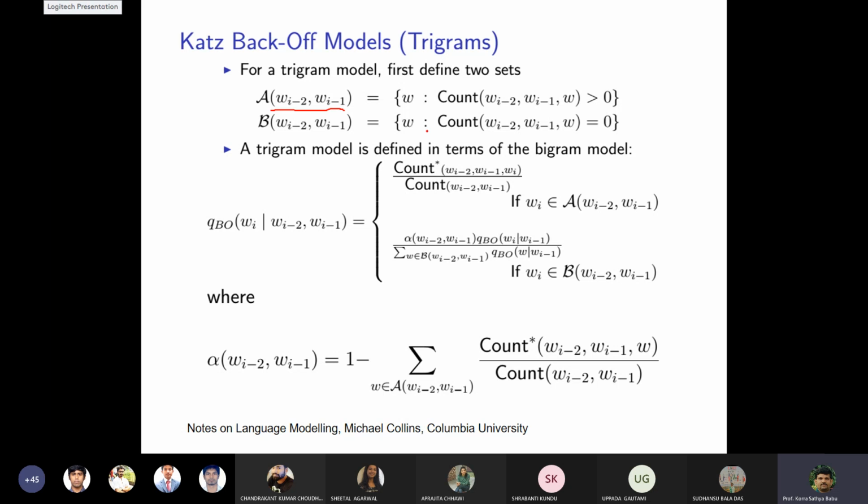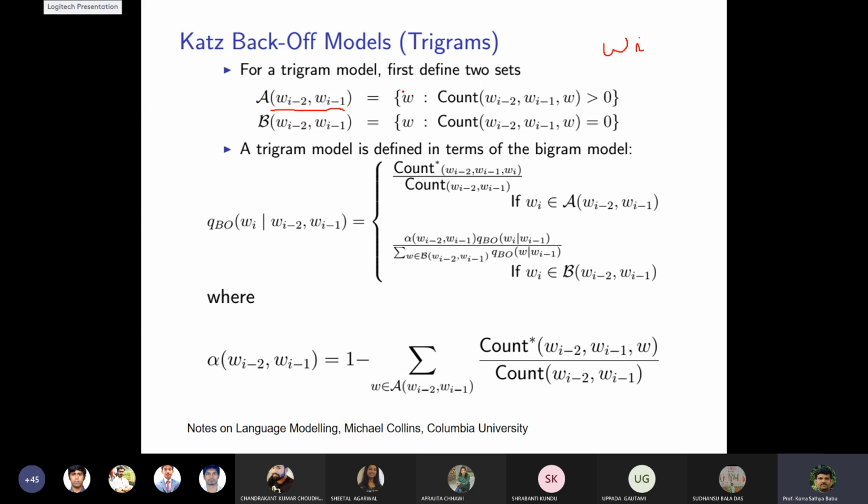Then later again you can define two sets, wi minus 2 comma wi minus 1 and wi, because you are now interested in wi. So the combination of these three makes a trigram.